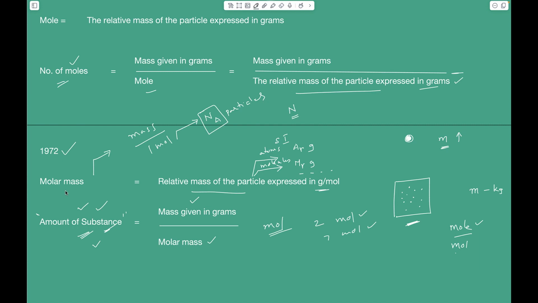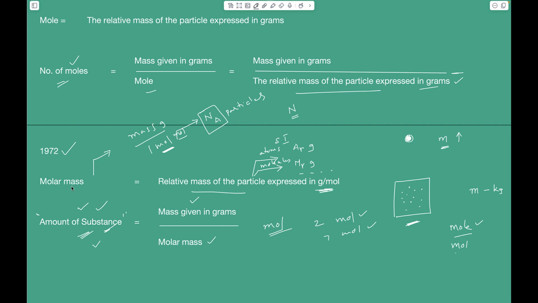So molar mass is therefore relative mass of the particle expressed in grams per mole. Remember, here we have to keep the unit mole. And here mass is in grams and the quantity in the denominator has the unit mole. So the unit of molar mass is gram per mole.